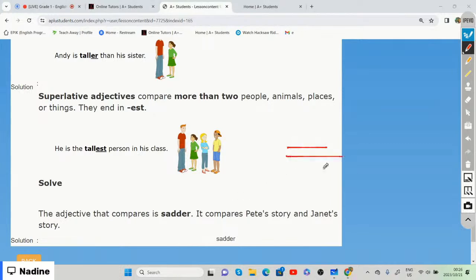Which means that he, which is Andy, is the tallest. He's tall, taller, but tallest.